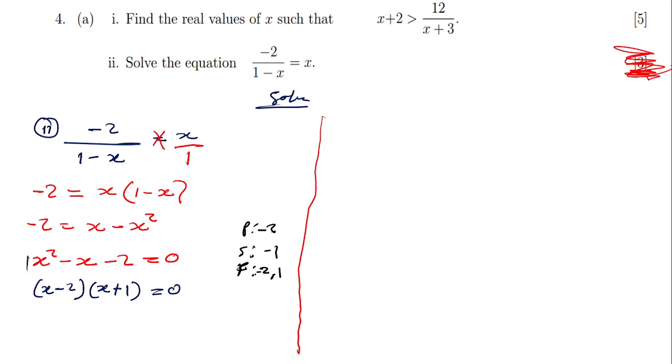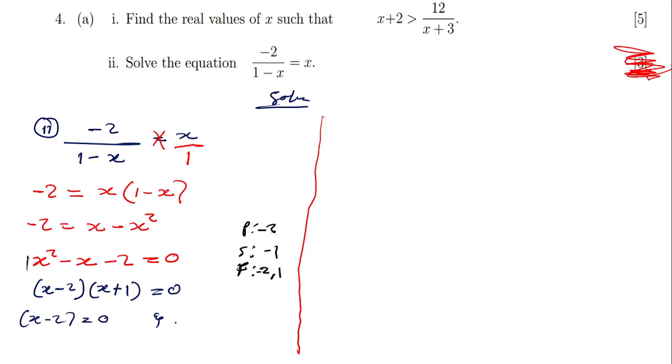Yes, they are correct. Yes, you are right. But if you haven't written this step, you are not going to get the full marks, because in mathematics there is a method mark. For this question, this part has 1 mark. So you equate these guys to 0: x minus 2 is equal to 0, and x plus 1 is equal to 0.